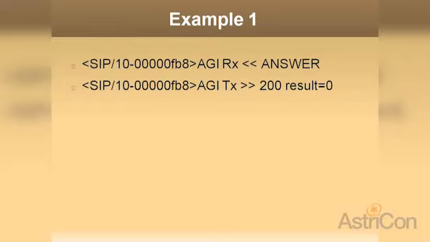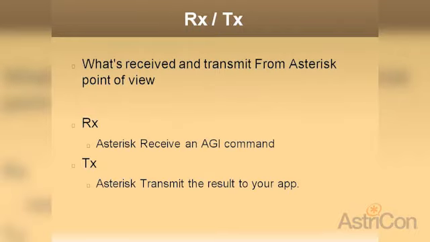This is the first example. I did an agi set debug on prior to that output. So now you see AGI RX: I've got an ANSWER, and I'm transmitting a 200 result=0. How it works with the RX and TX is from the Asterisk point of view.